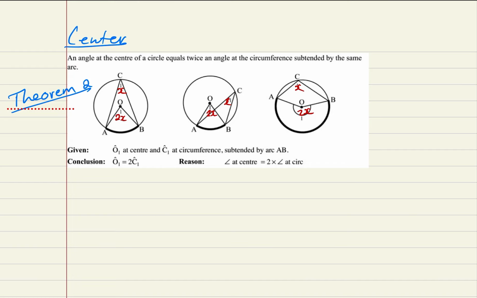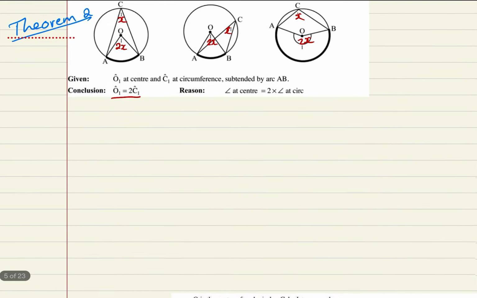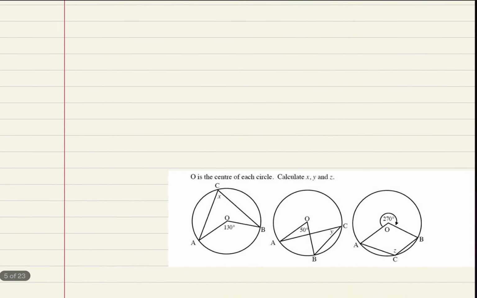Now what is important here is that they say O1 is equal to 2 times C1. The reason says angle at the center is equals to 2 times angle at the circumference. That is very important for us, so we need to note that one very well.